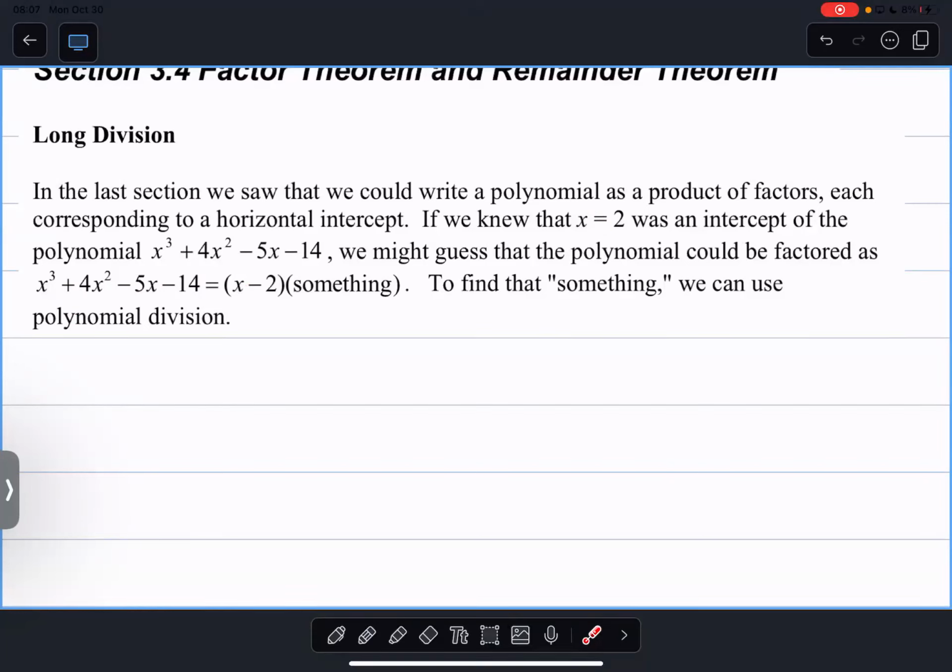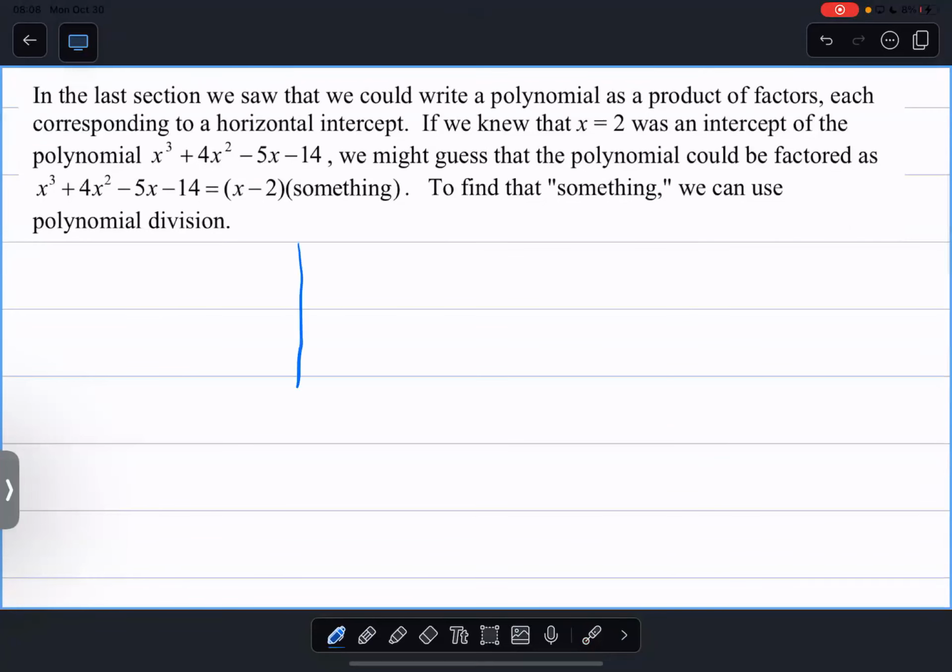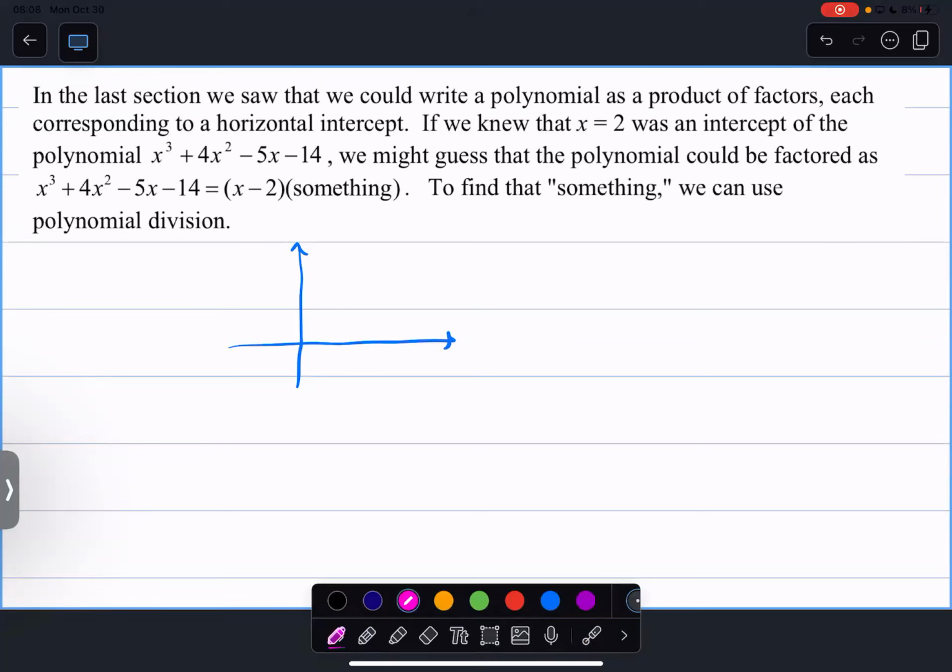I can pull it out, and if x equals 2 here, then I get 0, so the output is 0, which is what happens when f of x is equal to 0. So at x equal to 2, we know that it crosses the x-axis.